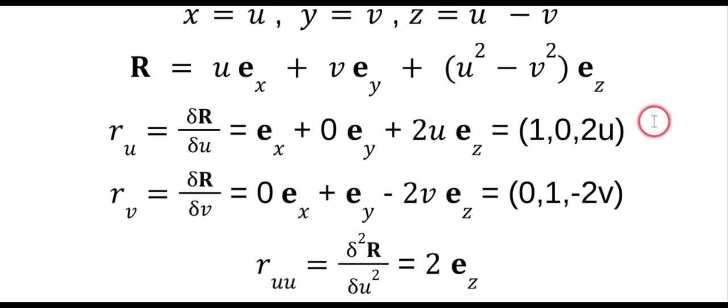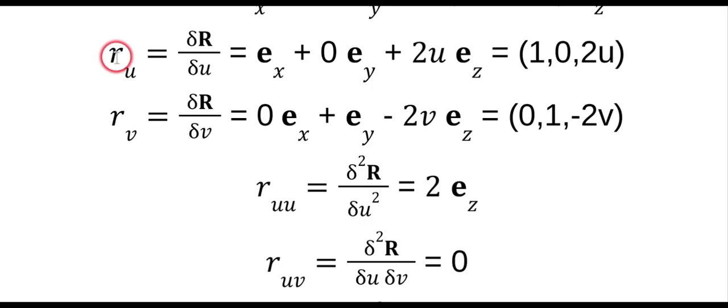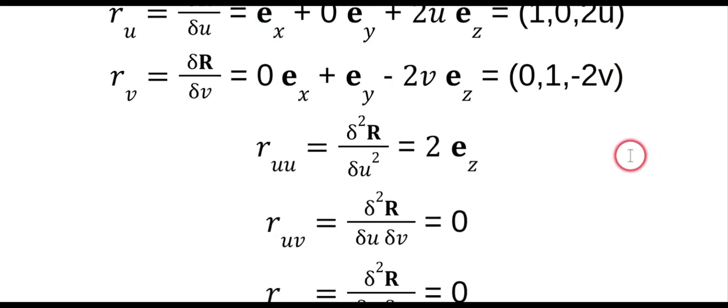Now we're going to take the second derivatives of these, and they call those R sub uu. So the second derivative with respect to u is just 2, and the derivative of R_u with respect to v is 0 because there's no v in it.